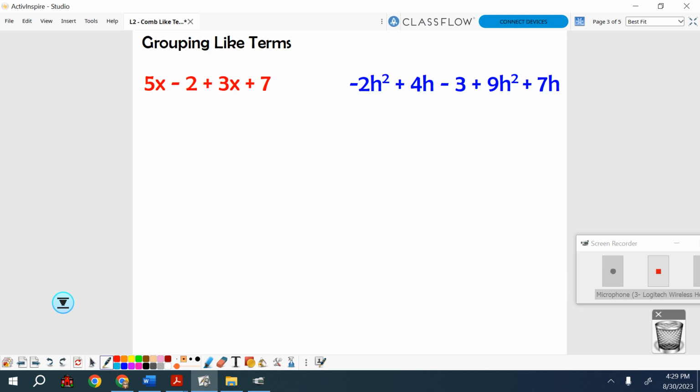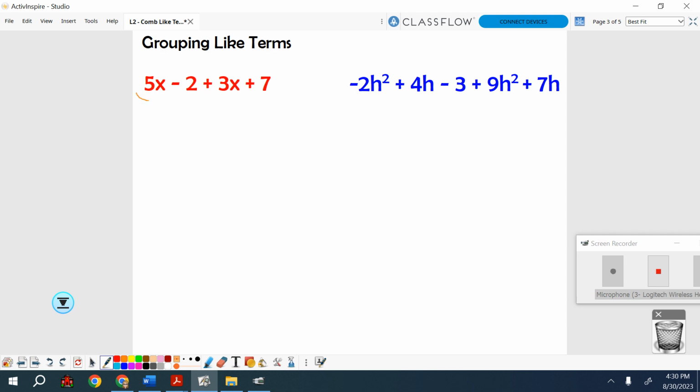And the easiest way I've found to do this is using grouping. When you use grouping, you want to think about the numbers and the variables, like each term, is going to be attached to the addition or subtraction sign that goes with it. So the way I do these problems is I look for things that are the same.